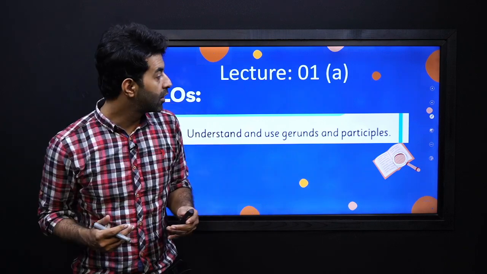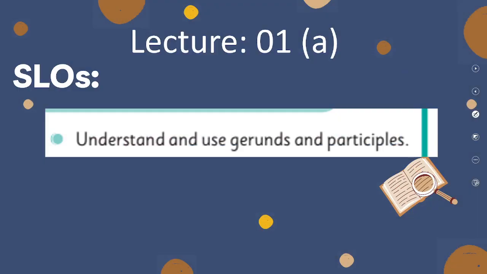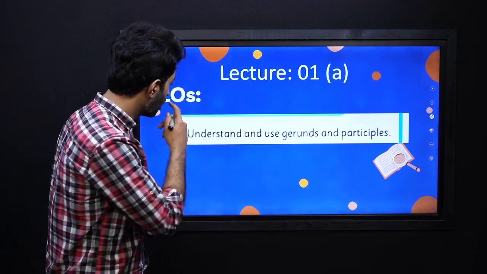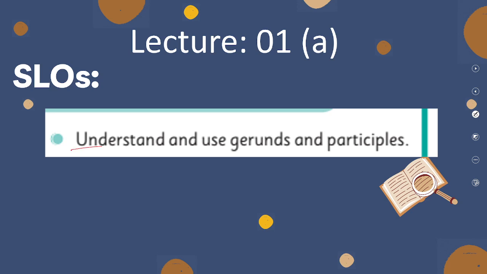As we are moving forward, the very first lecture, which we have divided into different parts, is lecture 1A, where we will be talking about understanding and using gerunds and participles. This is a grammar topic. The competency we are dealing with is grammar.